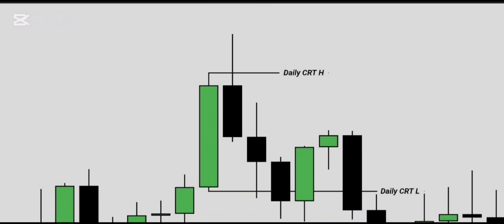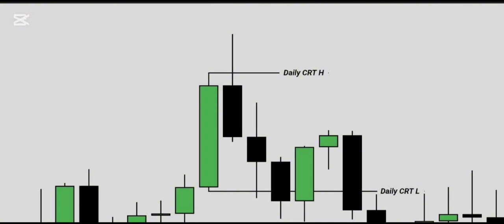This is daily CRT. The market purged the high and it closed. So this third candle in the daily CRT, I will look for an opportunity in the 4 hours to trade this 4-hour CRT, either to the 4-hour CRT low or to the daily CRT 50% or the low of the daily CRT.